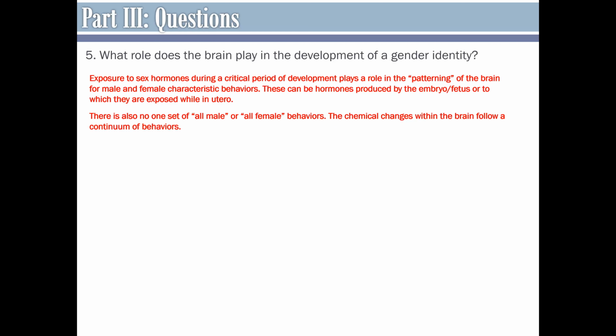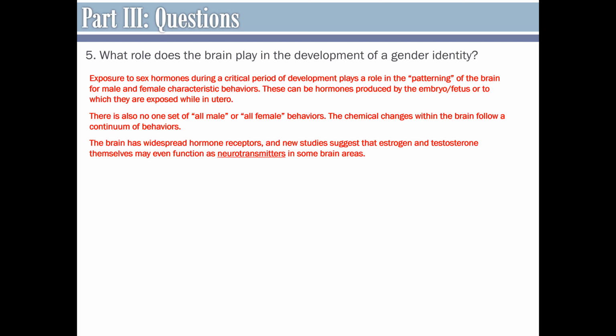There is also no one set of all male or all female behaviors. The chemical changes within the brain follow a continuum of behaviors. The brain has widespread hormone receptors, and new studies suggest that estrogen and testosterone themselves may even function as neurotransmitters in some brain areas.